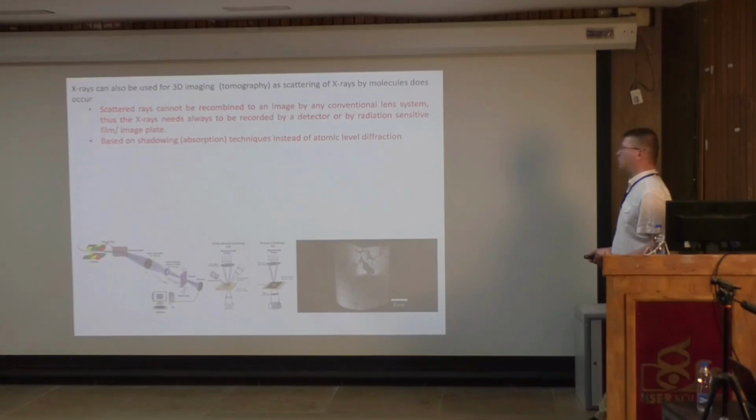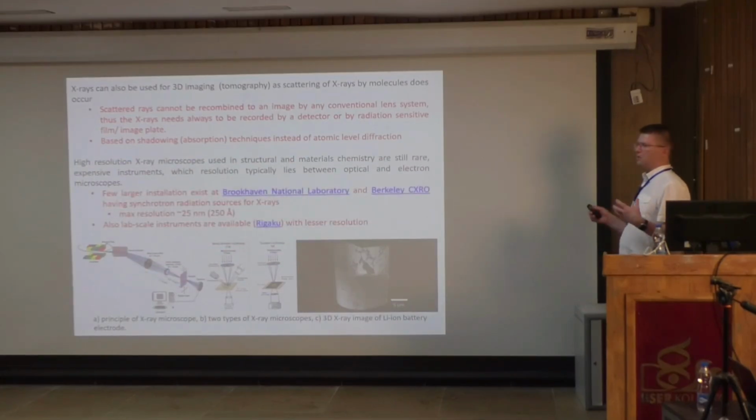And then we can use X-rays also to do 3D imaging, which is called tomography. And this is the idea. You can see inside an object or the structure of that. That's a materials science technique. For example, you can have a block of this kind, and then with this you can image. Or MRI, you can have an image of your brain. And that's information done with X-ray tomography.